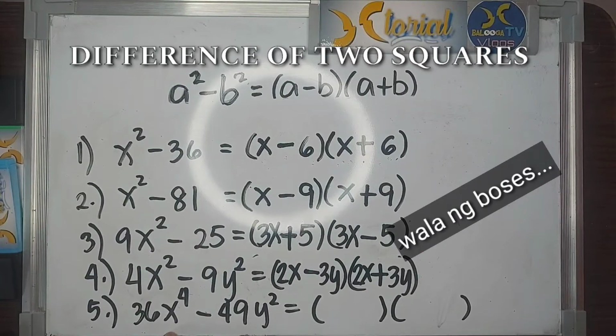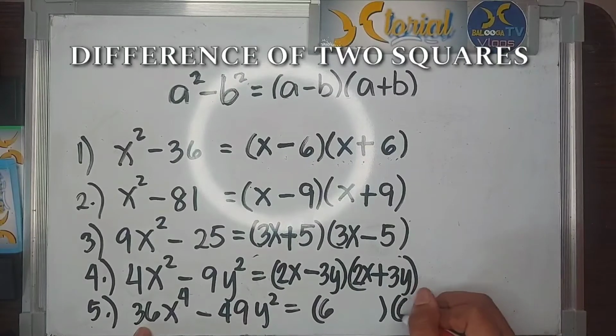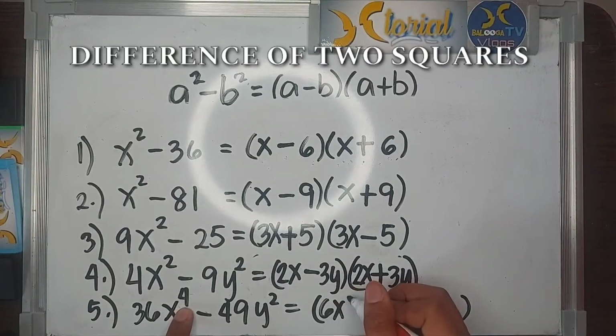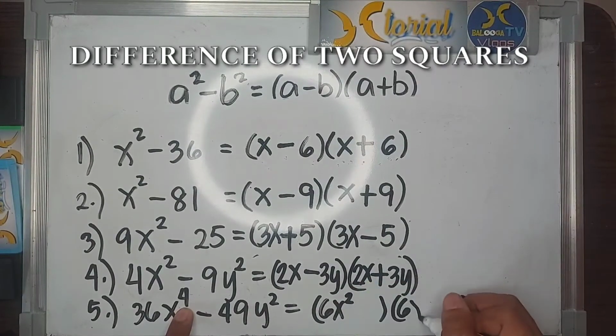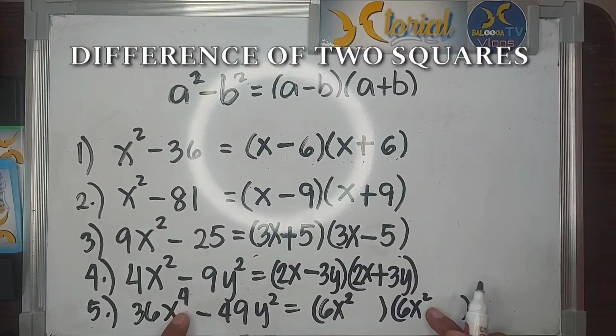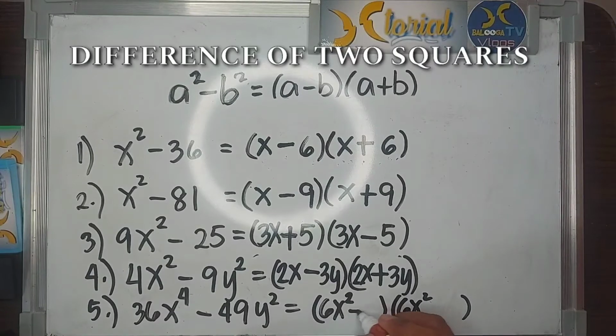Perfect square pa rin yun. Okay. So 36 galing siya sa 6 times 6. Yung x raised to the fourth power, okay, x squared. Okay, kasi nga 2 plus 2 is 4. Remember, yung exponent, pinagpa-plus lang natin. Okay? So yung isa minus, yung isa plus.